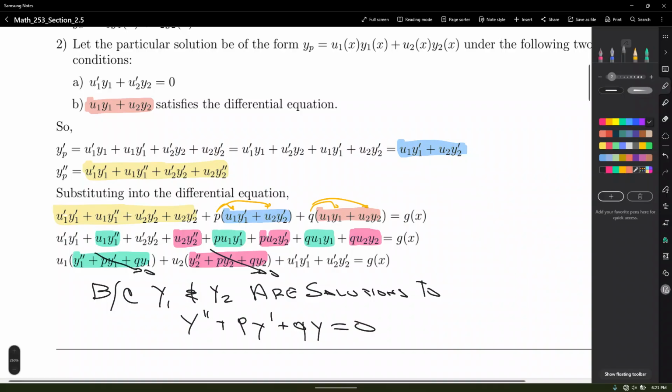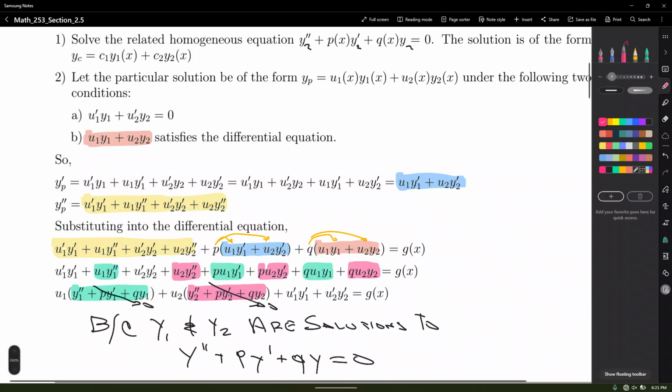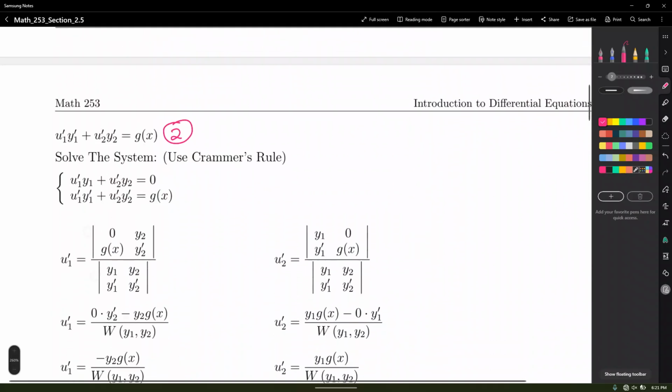So what is that going to leave us with? That's going to leave us with this equation here. Let me box it and label this equation as equation number 2. But what's equation number 1? Equation number 1 is the variation of parameters condition we set at the beginning. So we're going to form a system of linear equations, this system right here.